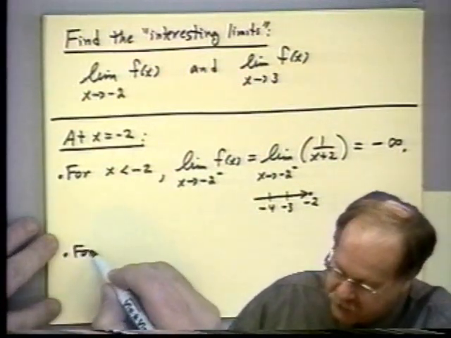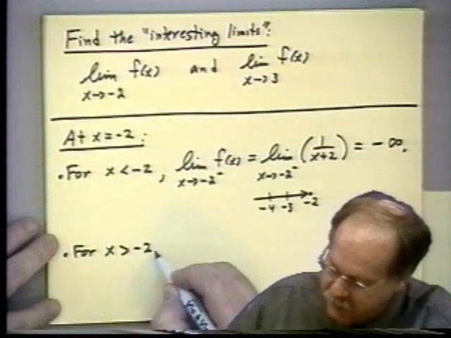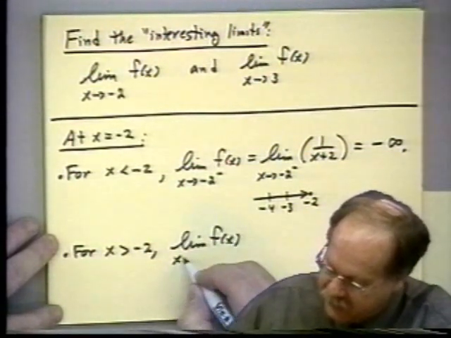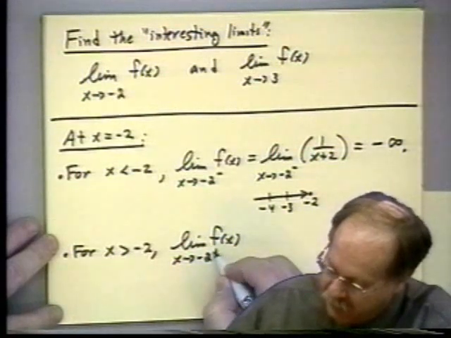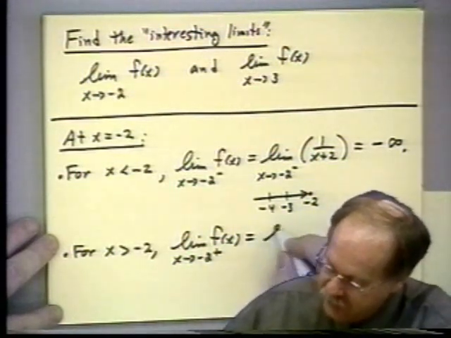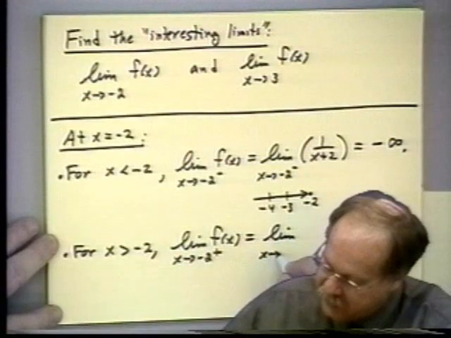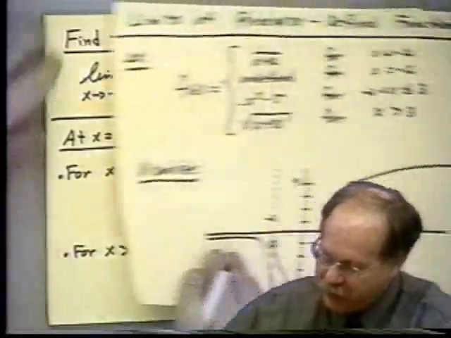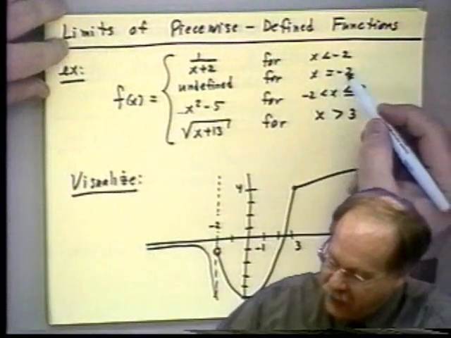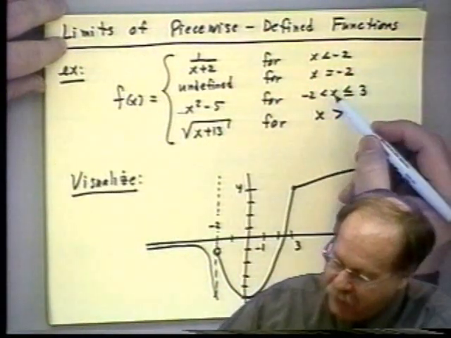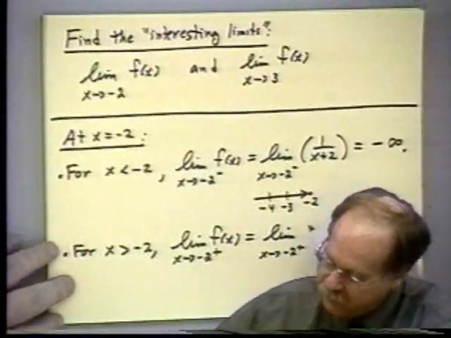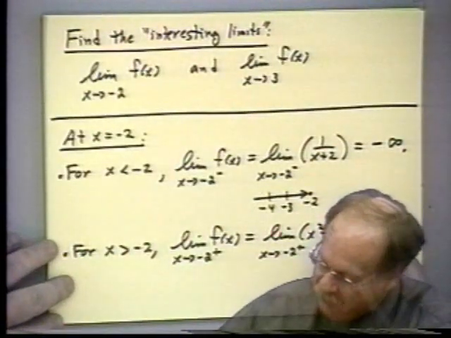What about the other direction? For x greater than minus 2, the limit of this function as x approaches minus 2 from above, there's that notation, is the limit as x approaches minus 2 from above. And what was the function above? Let's go back here and look. At minus 2 it was nothing. Above minus 2 it was x squared minus 5. So this is the limit of x squared minus 5.